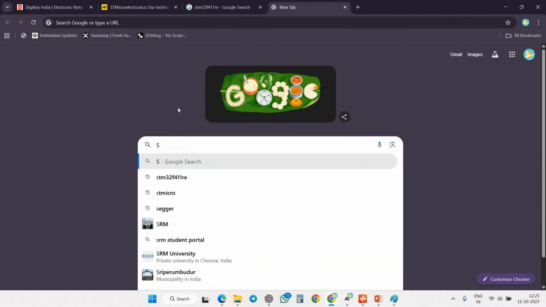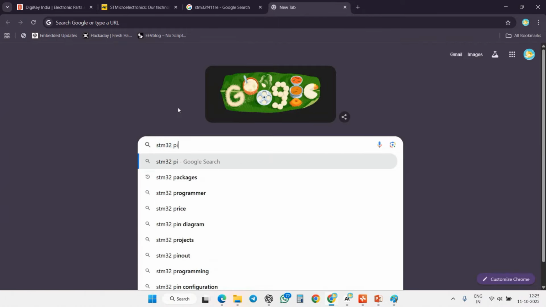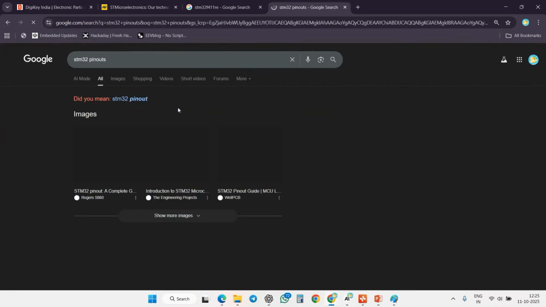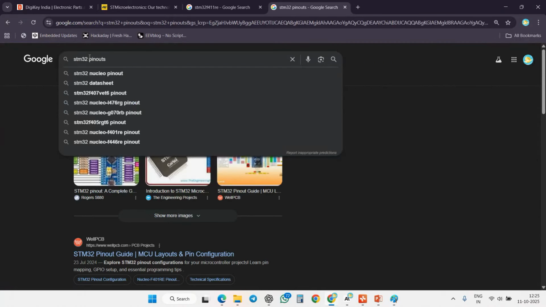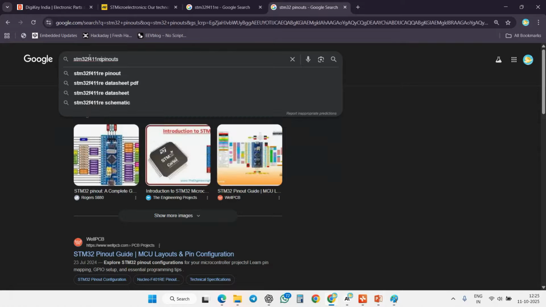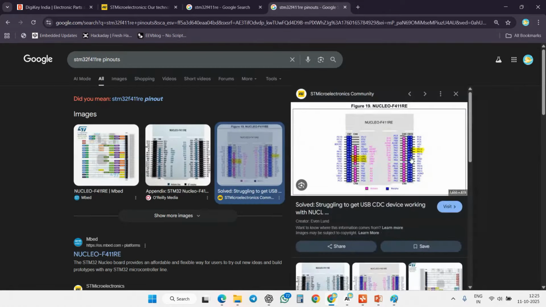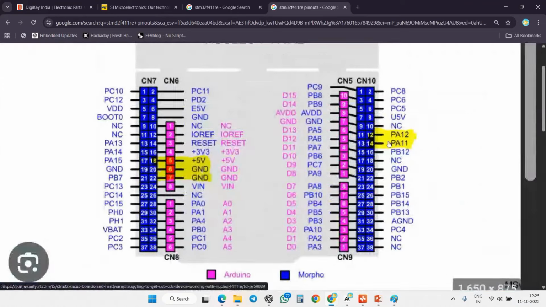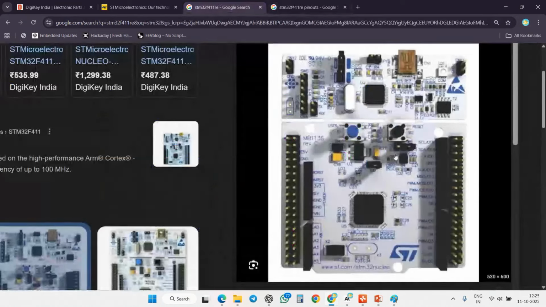For example, I'm just writing the full name, STM32. Yeah, so this is my GPIO pinout. Okay, guys, simply they have given the pinout. What are the pins I have?